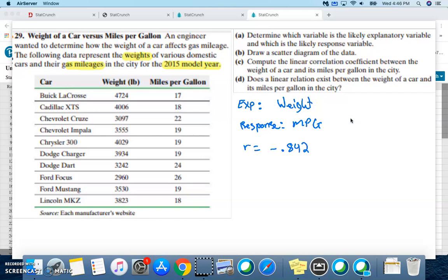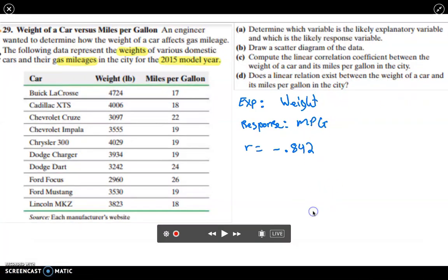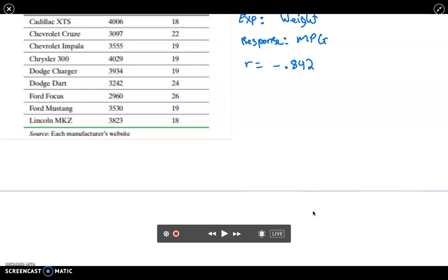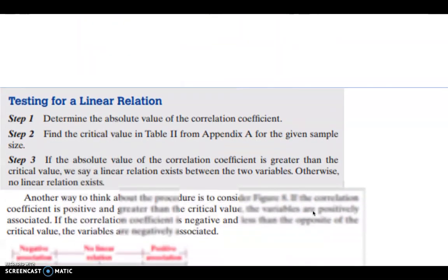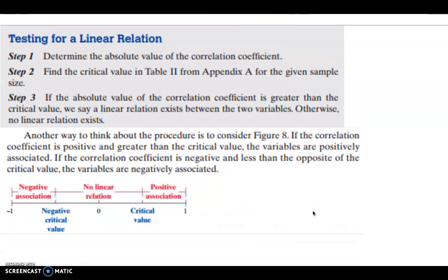Our next question is, does a linear relation exist between the weight of a car and its miles per gallon in the city? Here's how we're going to determine it. If we're testing for a linear relation, we determine the absolute value of our correlation coefficient.